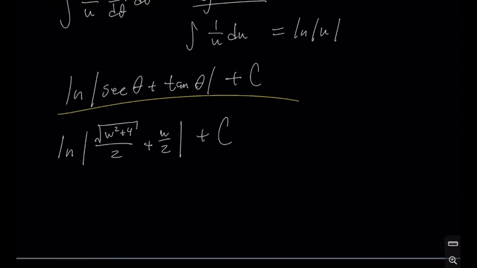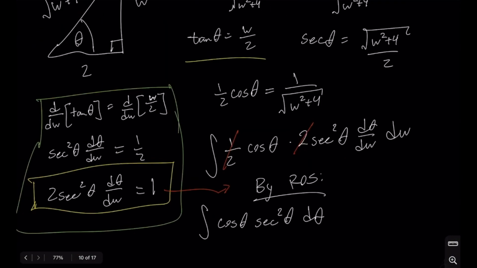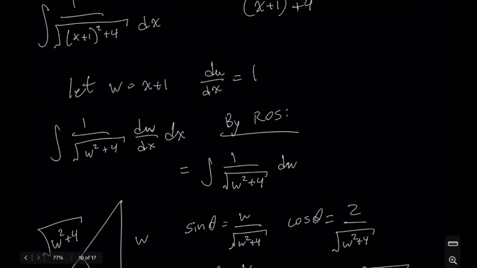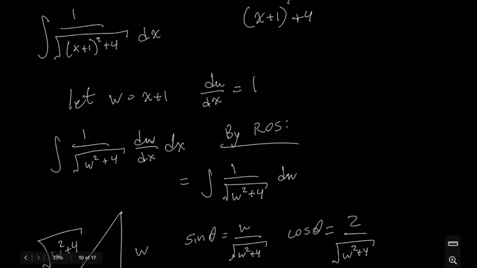Okay, now it looks like we're done. No, we're not. We're in terms of w now. We have to go back in terms of x. So we have to do ln of, and what was w? We have to look back. w was x plus 1.